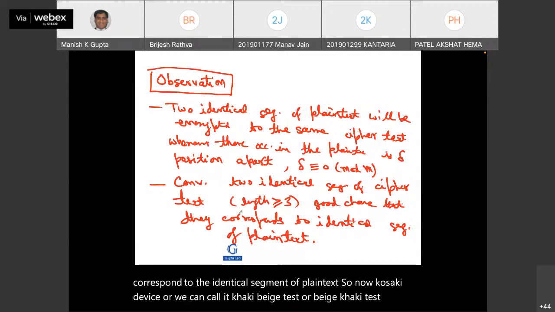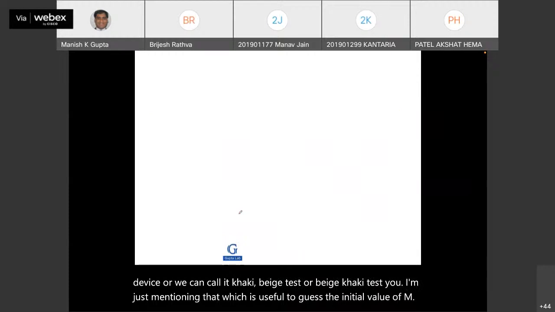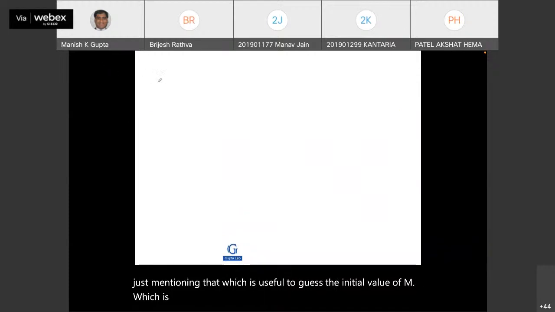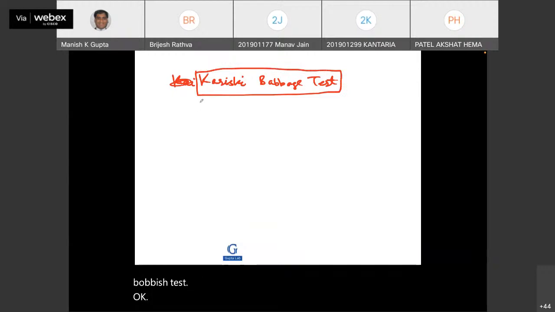I'm just mentioning that it is useful to guess the initial value of m. So here is the Kasiski-Babbage test.